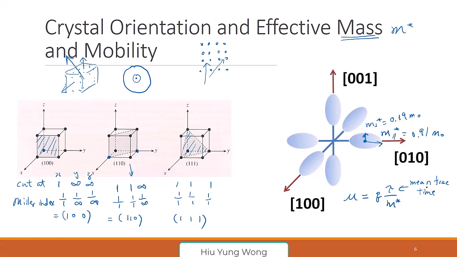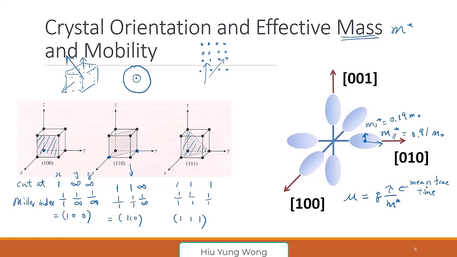Sometimes you don't run well, you hit a guy, or maybe they keep vibrating. That is what happens to the lattice. When you're running well, some people will vibrate in your direction and hit you, then you slow down. You keep going, hit again, slow down again. So the time between these two hits is called the mean free time. If it is longer, it means I have higher mobility. At the same time, if my effective mass is larger, it means I have lower mobility.